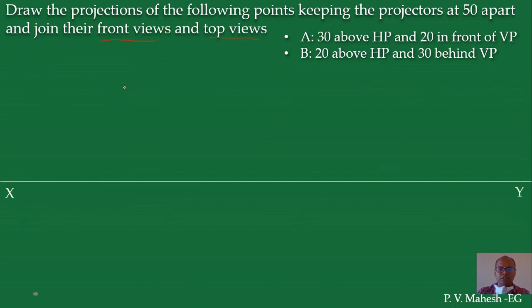This is the XY line, the reference line, 30 mm above HP. 30 mm above HP means talking about front view. So in front view, this XY is HP. So above HP means above the XY line, 30 mm above the XY line.